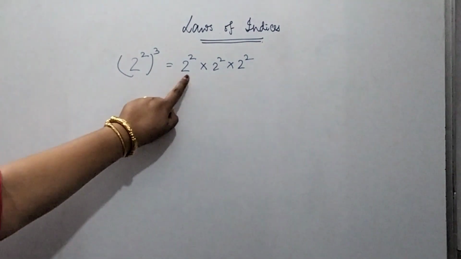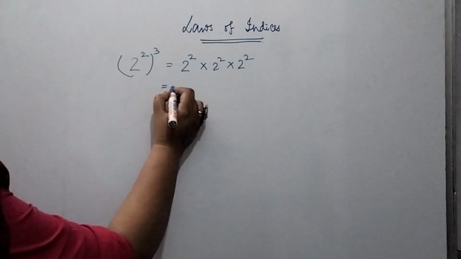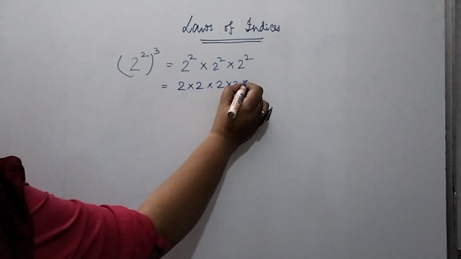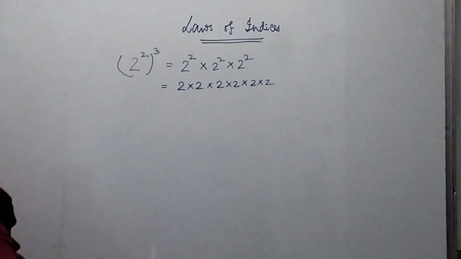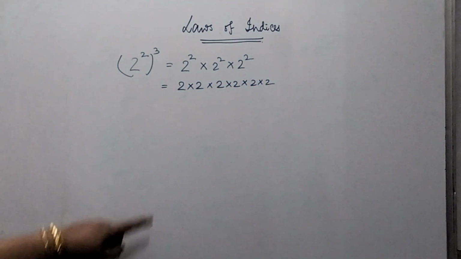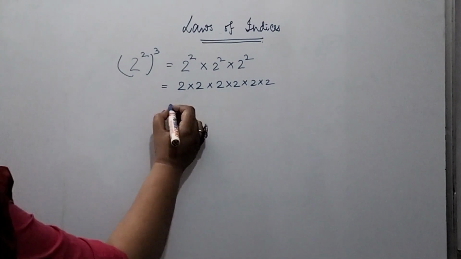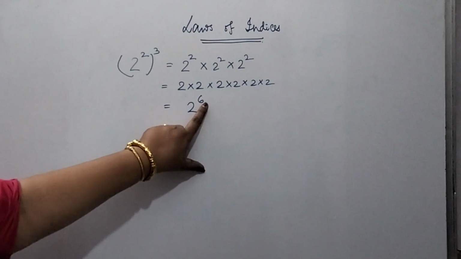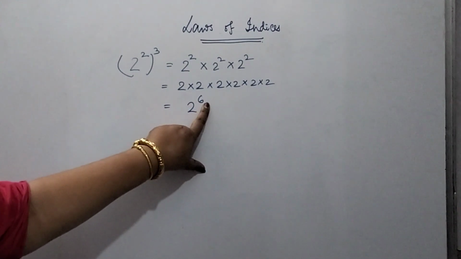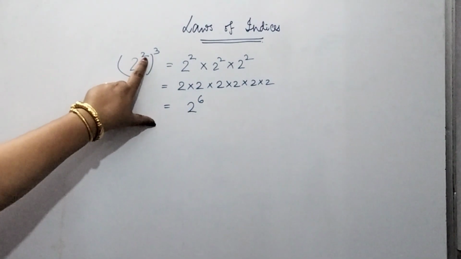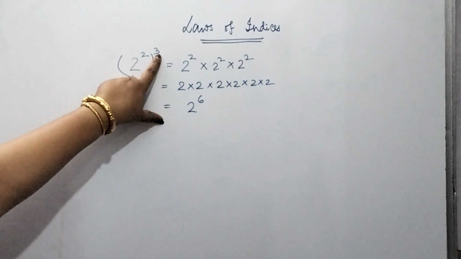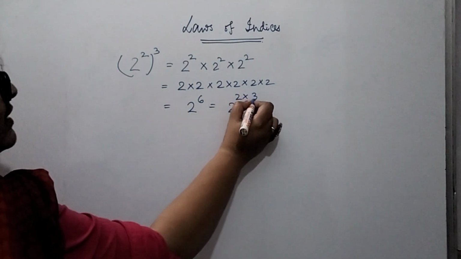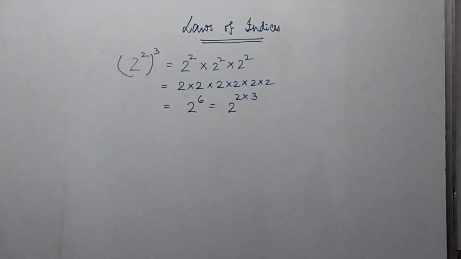Now considering each 2 square, we get 2 into 2 into 2 into 2 into 2 into 2. Now how many 2's are you getting? 6 2's. Now look, students, how this 6 can also be represented. This can be represented as 2 into 3. So 2 to the power 2 into 3 will also give us 2 to the power 6.